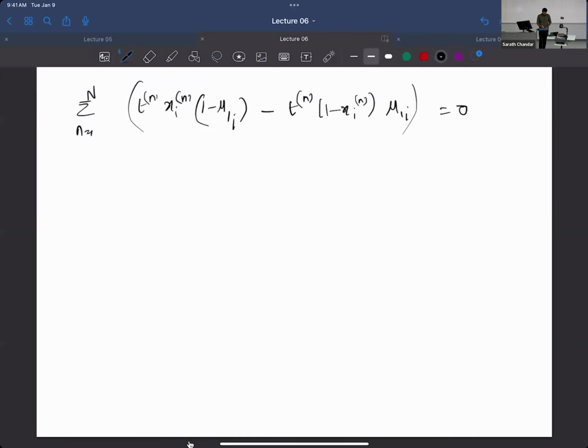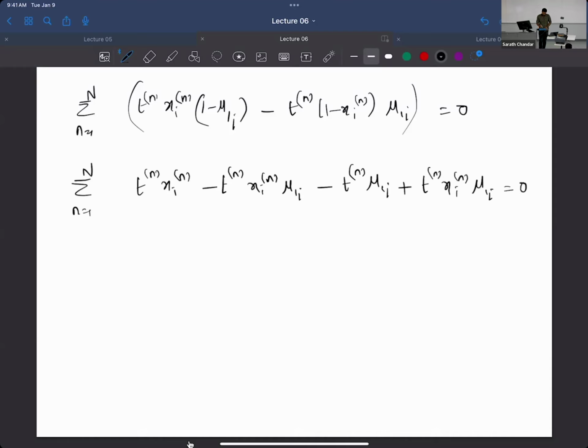So I can write this as summation n is equal to 1 to capital N. Let's simplify this: Tn xin minus Tn xin mu 1i minus Tn mu 1i plus Tn xin mu 1i is equal to 0.